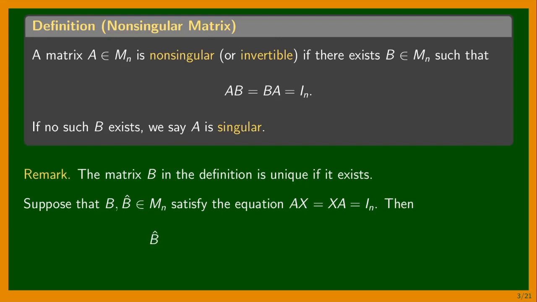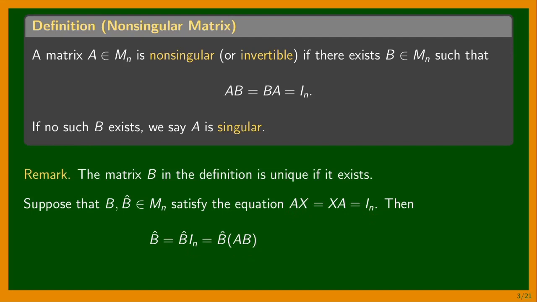Notice that B hat can also be written as B hat times In, as In is the identity n by n matrix. Now, because B satisfies this equation, A times B is equal to In. Therefore, this In was replaced by the product AB.